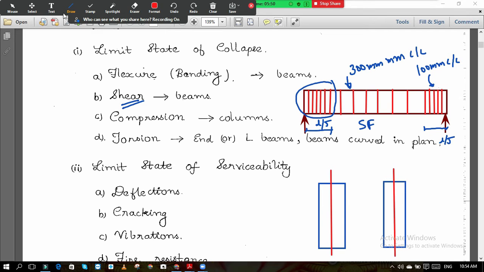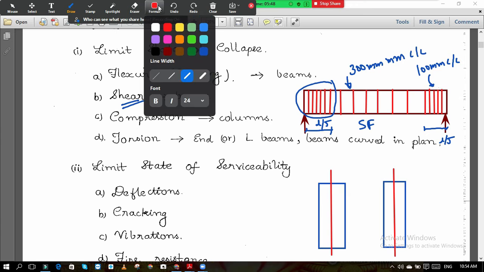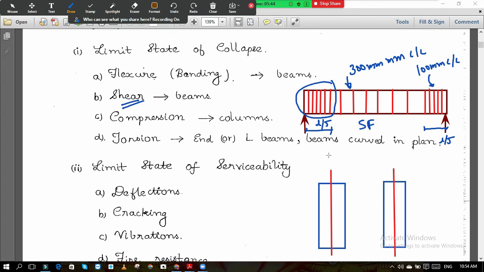Now, axially loaded columns and eccentrically loaded columns, those we have already seen. Still, I will draw over here. If the load is acting exactly along the axis, then it is called an axially loaded column. This is your P.